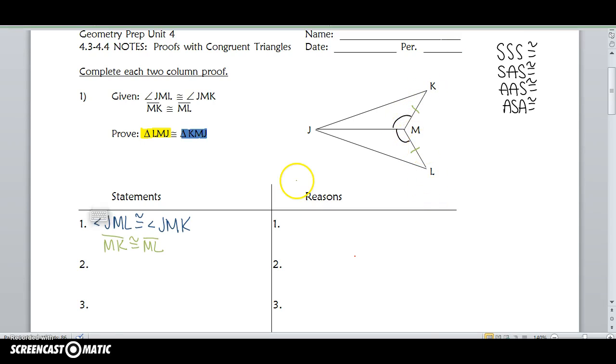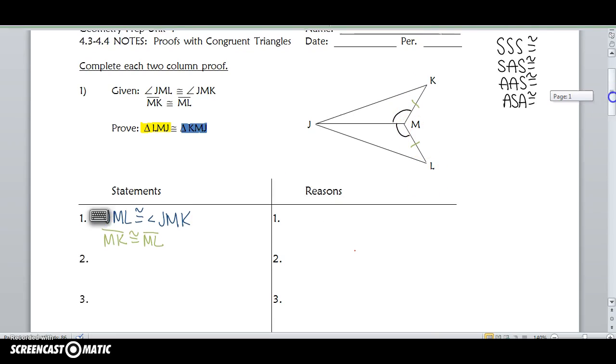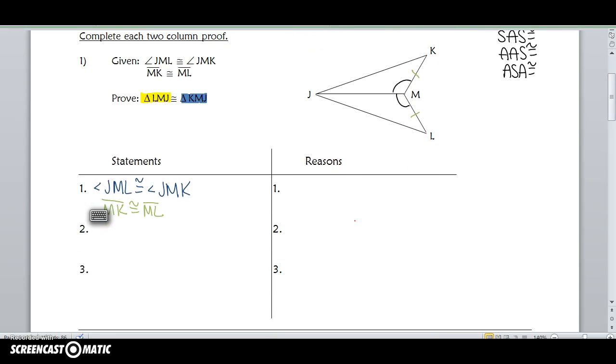What other piece of missing information do we need to put into our proof other than our given information? Remember, our reason for those givens is just given. That reflexive side, though, is JM, right? That is in both of those triangles. So we can say JM is congruent to JM by the reflexive property.